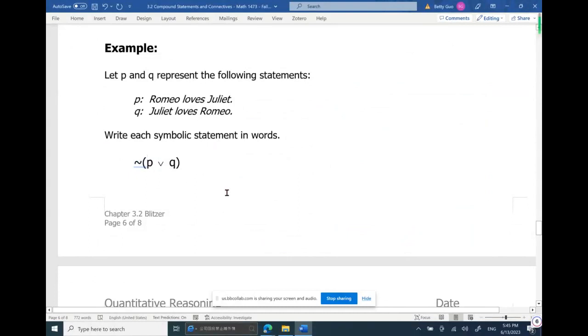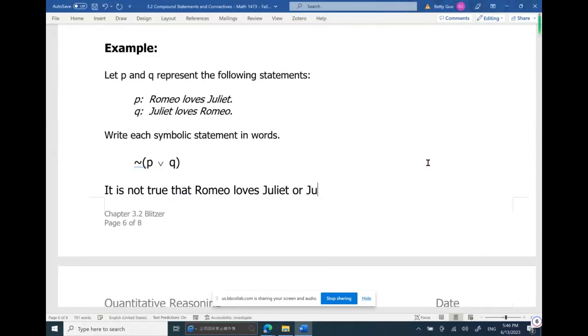So the biggest structure of this common statement is negation. We can say it is not true that. That's one way to negate a statement. We are negating the statement. It is not true that. And look at the statement in the parentheses, P or Q. It is not true that Romeo loves Julia, or, it's a disjunction, right?